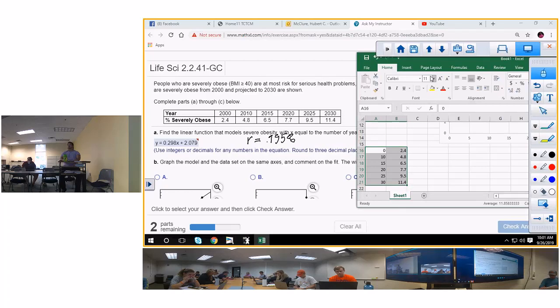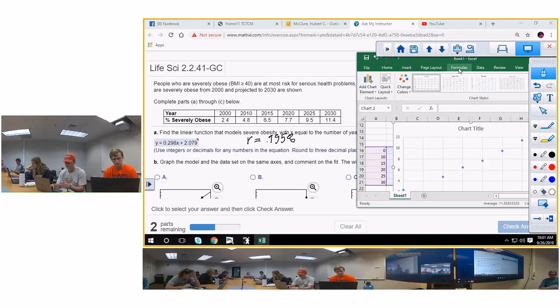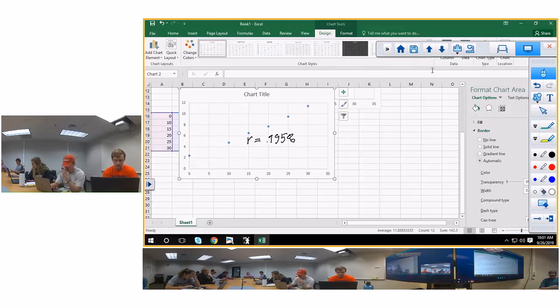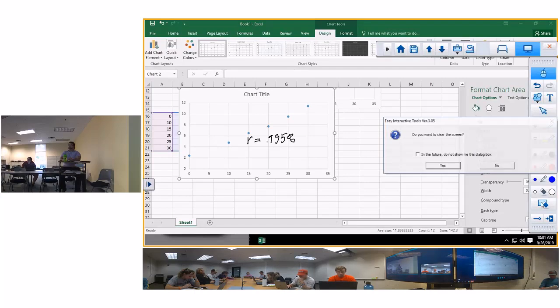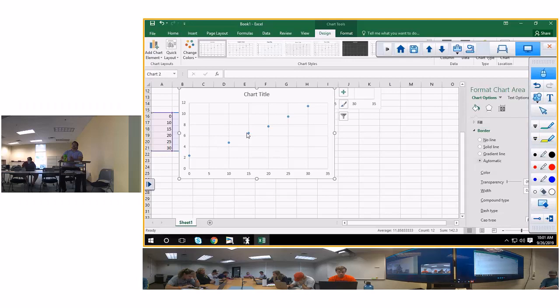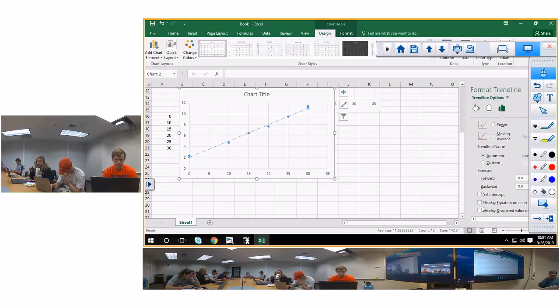Insert. I'm trying to hurry. Right click. It's the same graph. Add trend line. Okay, there it is.